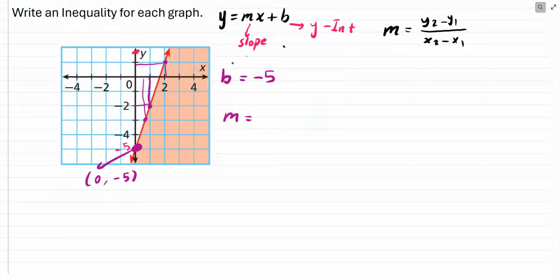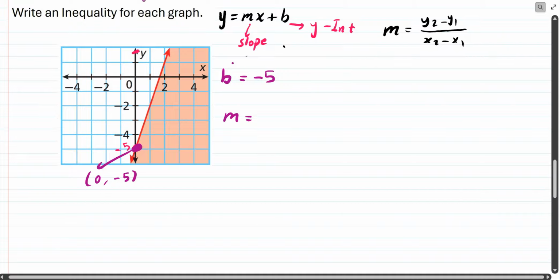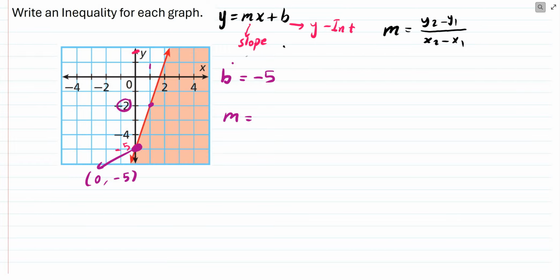Okay, so let's erase this part to get the question correctly. Anyway, let me erase this part also. Okay, I can pick this point and this point. About x is 1 and about y is -2. So the point is 1, -2.